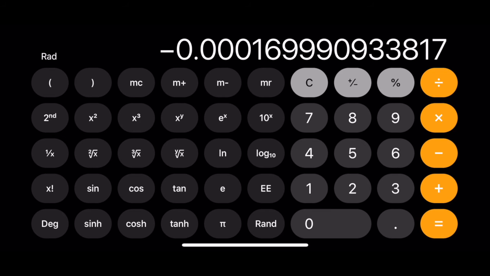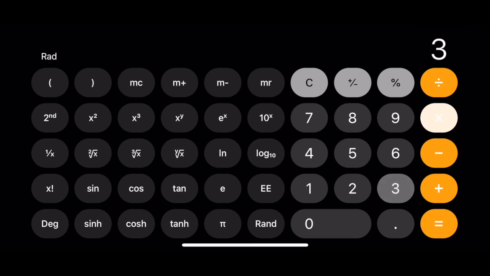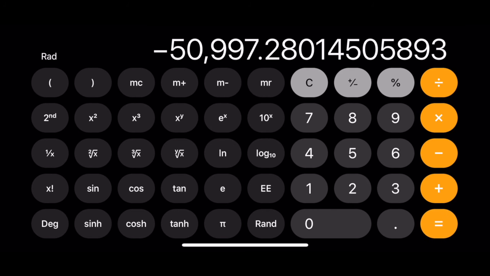And then we multiply that by the speed of light. I usually put this in parentheses, but just to show you that you don't need to use parentheses, speed of light is 3 times 10 to the 8th, so I'll enter the multiplication symbol, and then 3 EE 8, and then I'll just hit enter, and that gives me negative 51,000 approximately.